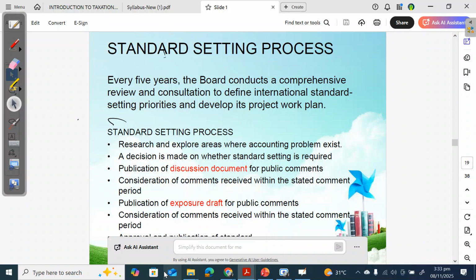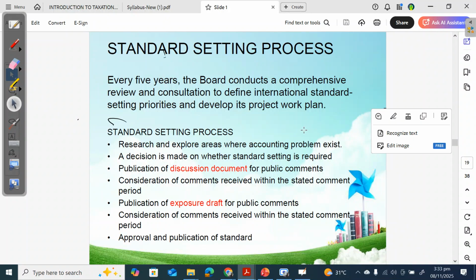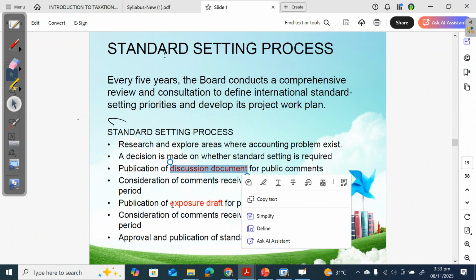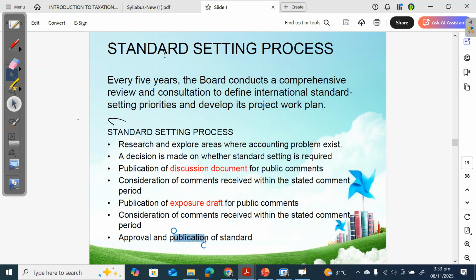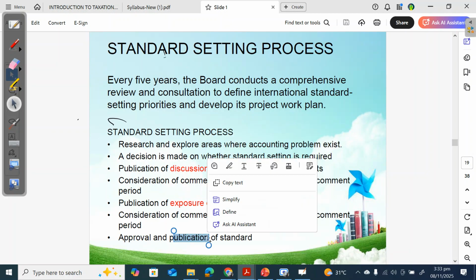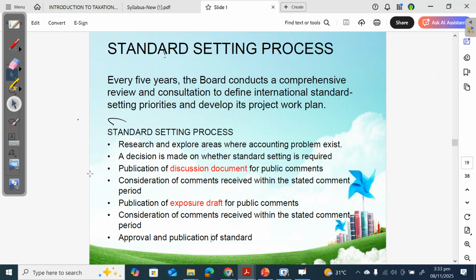So from the research, they do discussion documents, then exposure drafts, and then they set the standard. This is how they set the accounting standards.